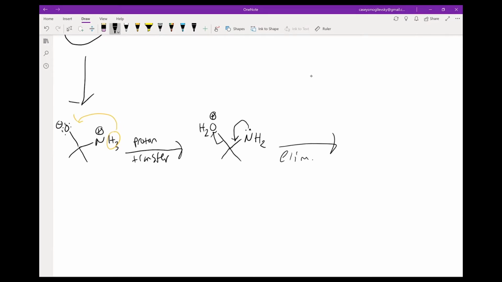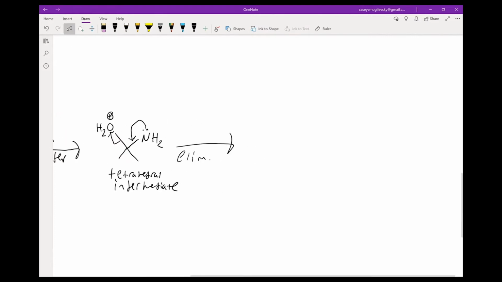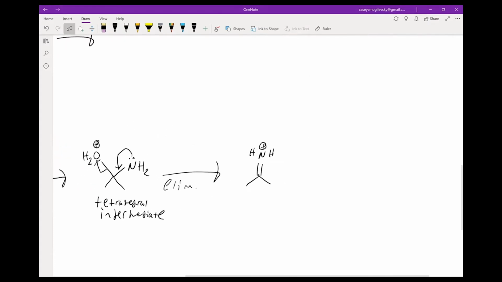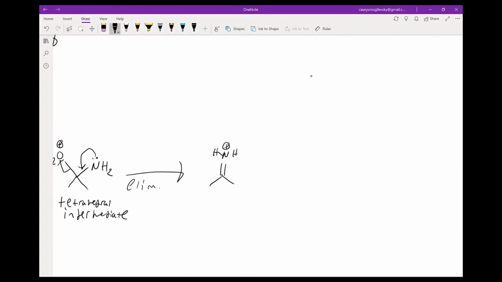And this is what's called a tetrahedral intermediate. And this final species is called an iminium ion. But this can participate further because it's also a similarly electrophilic carbon center right here.